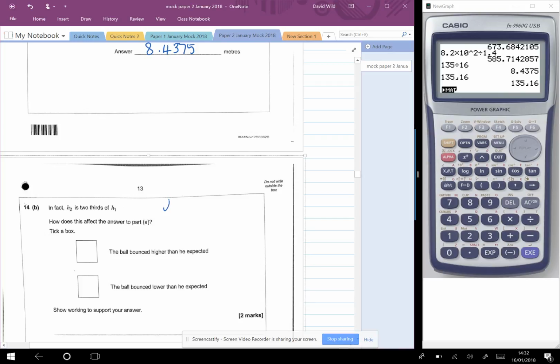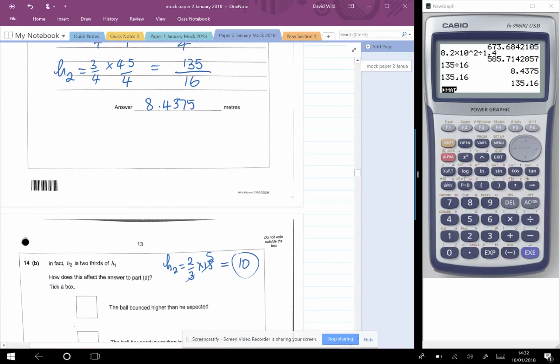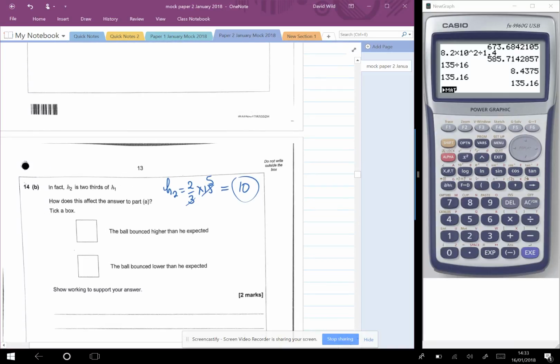So if H2 is actually only 2/3 of 15, then obviously we can cancel down here and we end up with 10. Alright. So H2 is only 10, whereas in the first the expectation was 8.4 something. So it's actually going to be higher than expected.